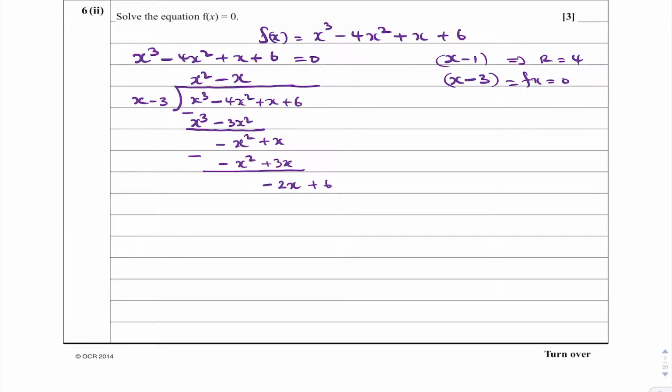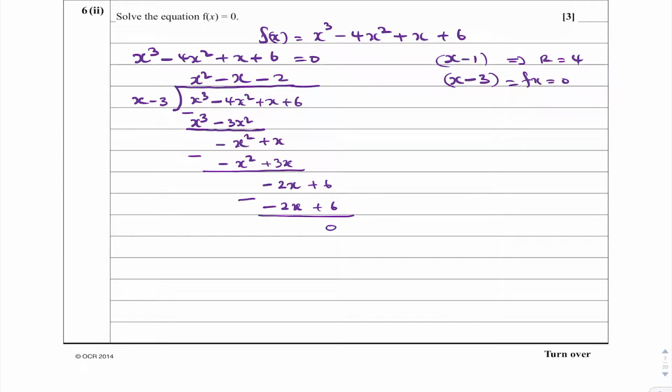We want to use minus 2. Minus 2 times x is minus 2x. Minus 2 times minus 3 is plus 6. So in this case, there's no remainder when we subtract. Minus 2x minus minus 2x is 0. 6 minus 6 is 0. So no remainder.